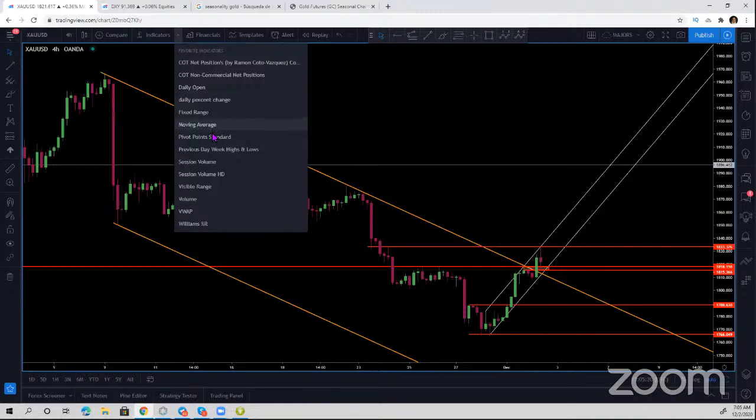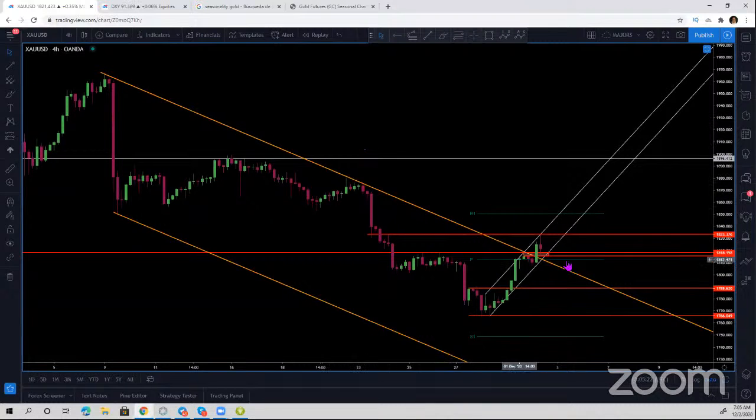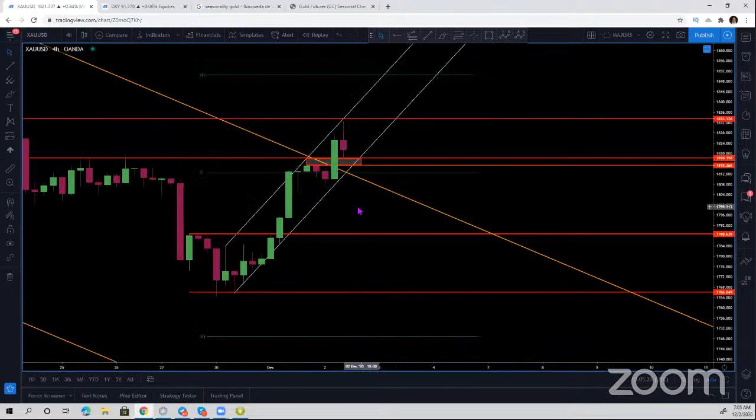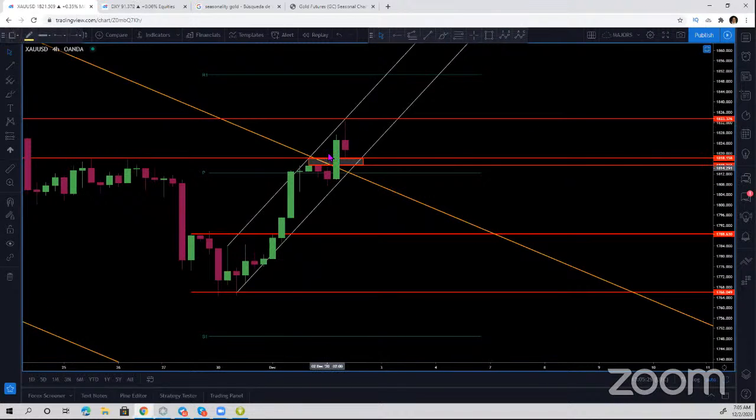Otherwise, I would allow gold to rally a bit more or retest the WR1, weekly resistance one. So you're really looking for a deeper retracement before entering. Yeah. I mean, that makes absolute sense.